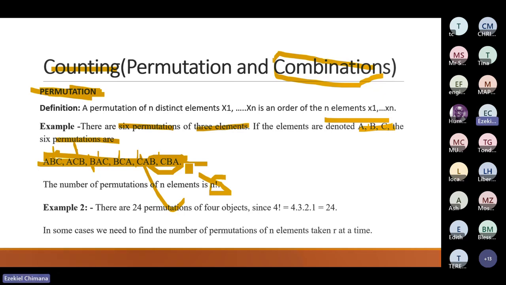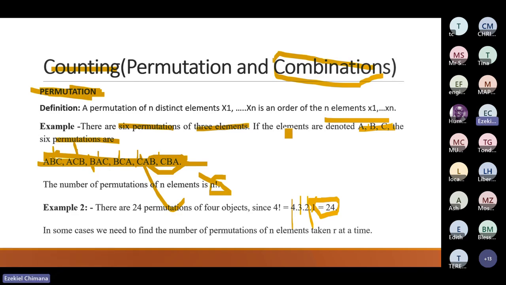Here we are given that there are 4 objects, so you just say 4 factorial. 4 factorial is 4 times 3 times 2 times 1, which is equal to 24. So those are the total number of permutations that you can get from 4 given objects.